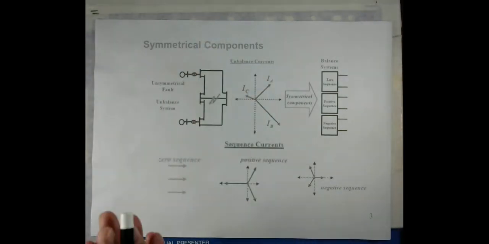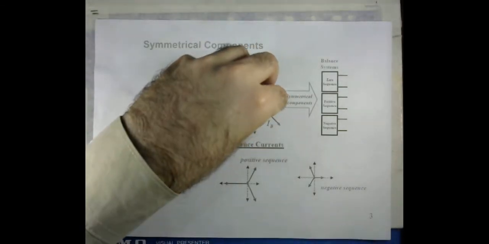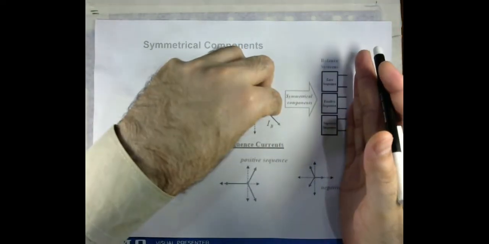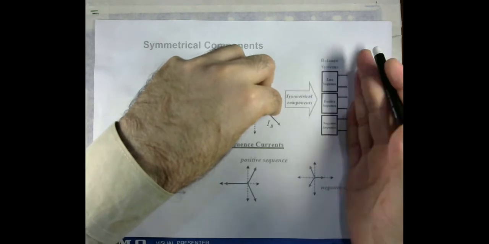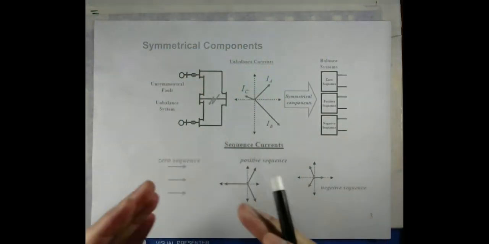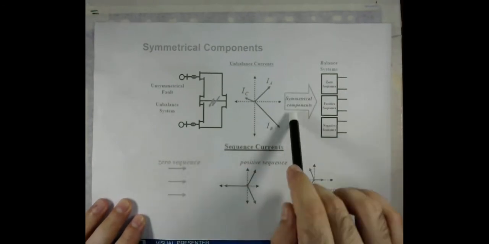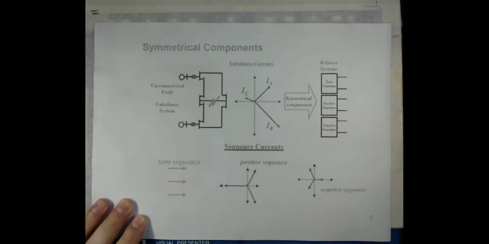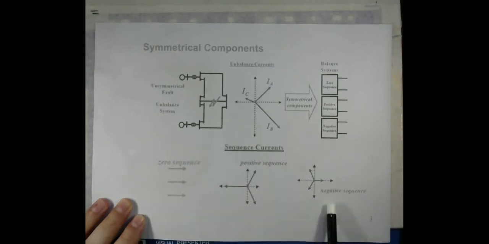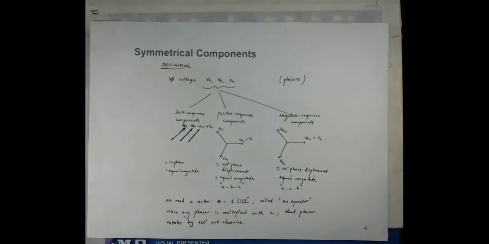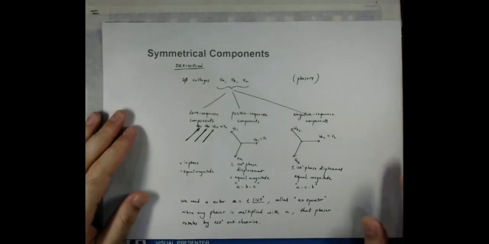So the idea here is that unbalanced quantities through transformation are converted into balanced quantities, and these are the resultant quantities which we get as a result of the transformation: zero sequence, positive sequence, and negative sequence. Let me explain here.